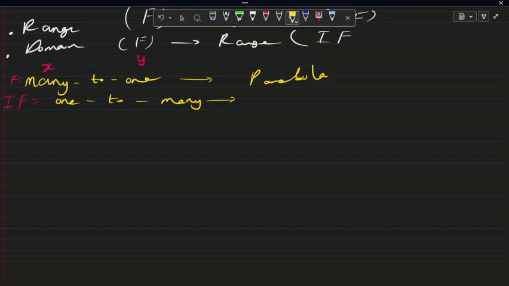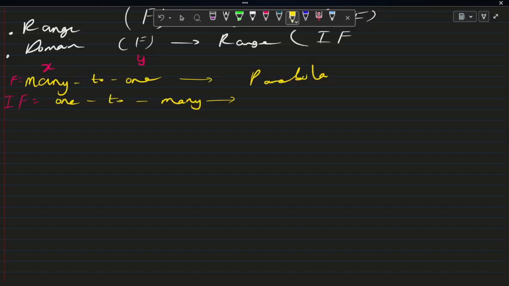You remember when we were looking at the circle in our previous session, we saw that a circle is associated with this type of relationship, one to many, whereby one x value is shared by more than one y value. So they are sharing x values, and that is not allowed.